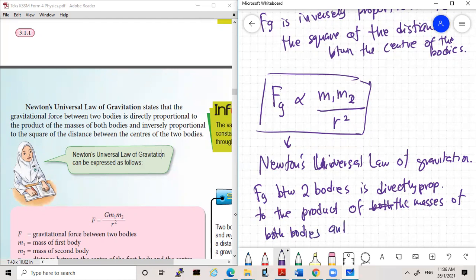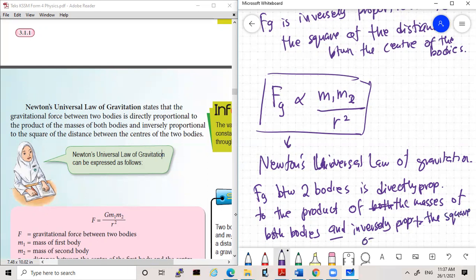Here we include the second relationship with the first relationship, combined into one, and this is used as Newton's universal law of gravitation. And it is inversely proportional to the square of the distance. Don't forget the square.